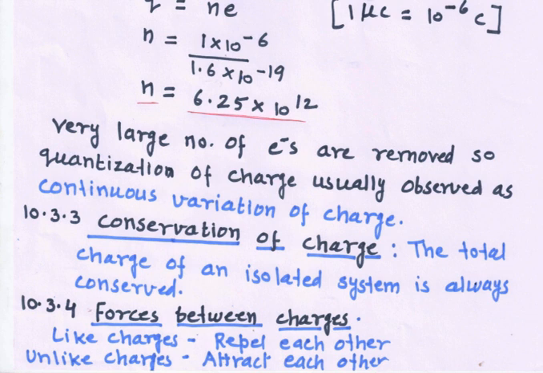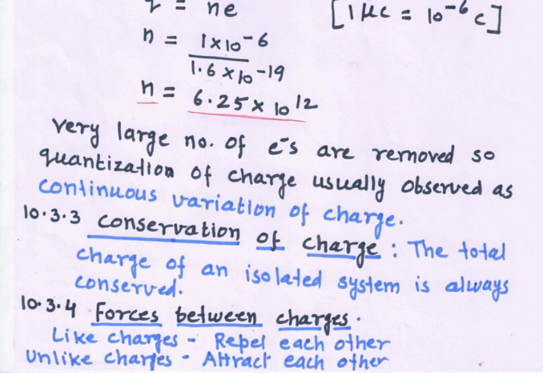When the charge is positive, electrons are removed and transferred to another body. If the charge is negative, some electrons are added to it and the other body will be positively charged.